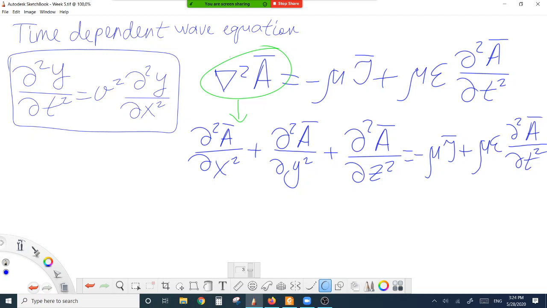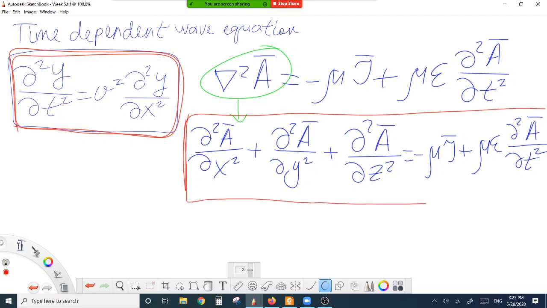If we look at the wave equation and the Maxwell equation which we wrote in terms of magnetic vector potential, we can see that both are in the same form, with one exception.